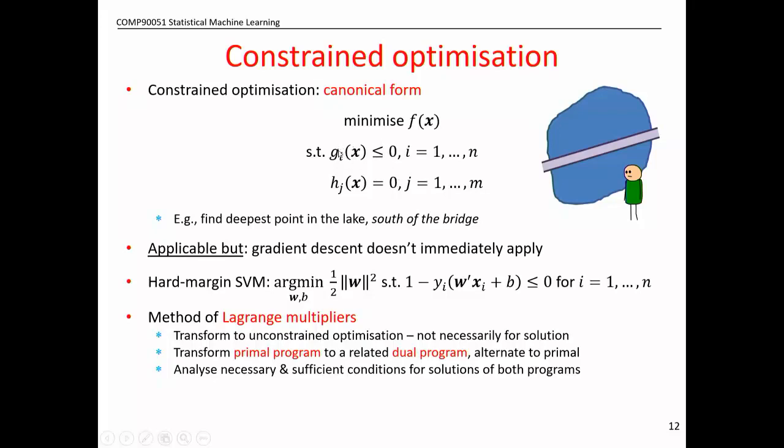So we can have inequality constraints like this, and we can have equality constraints like that. And equality constraints can also be written as two inequality constraints. You can have h_j of x less than or equal to 0, and then you could have another one, minus h_j of x less than or equal to 0. And together, that would be the same thing as h_j of x equal to 0.